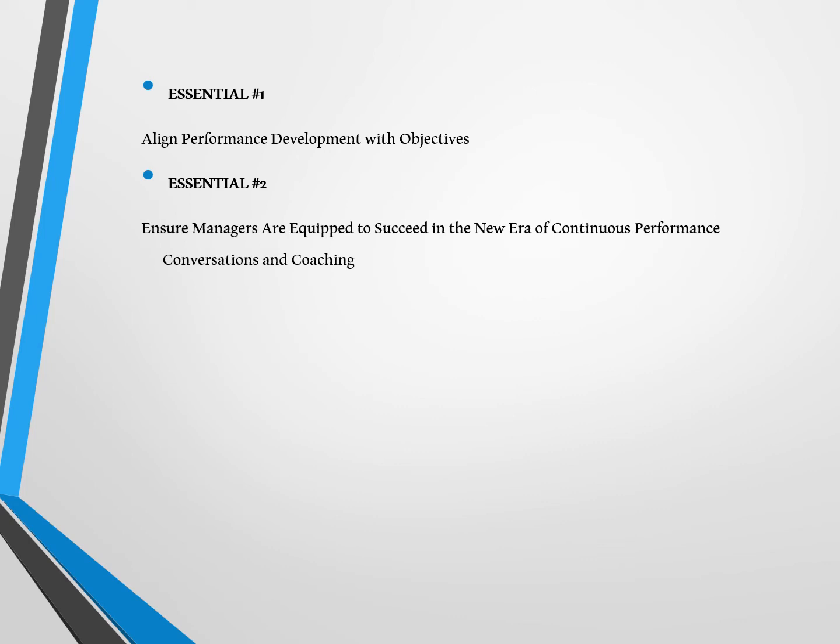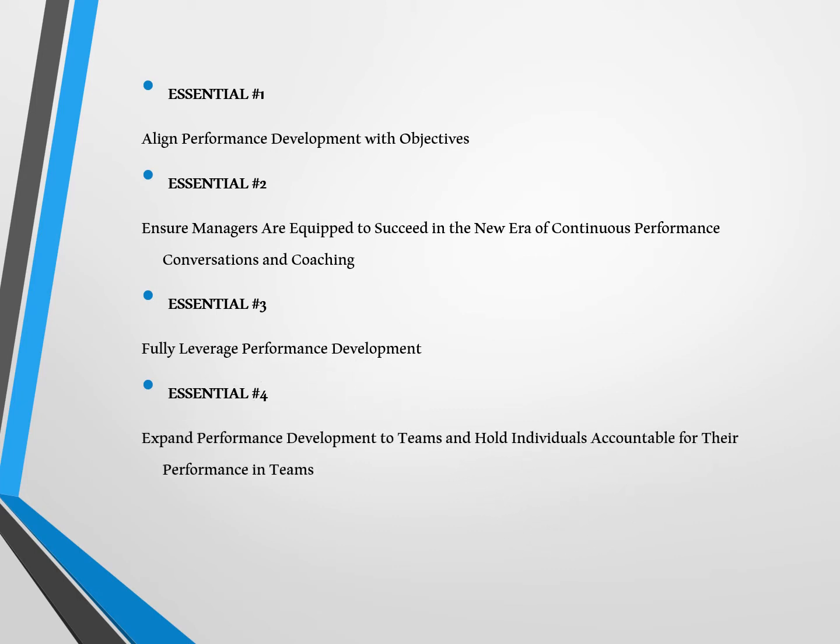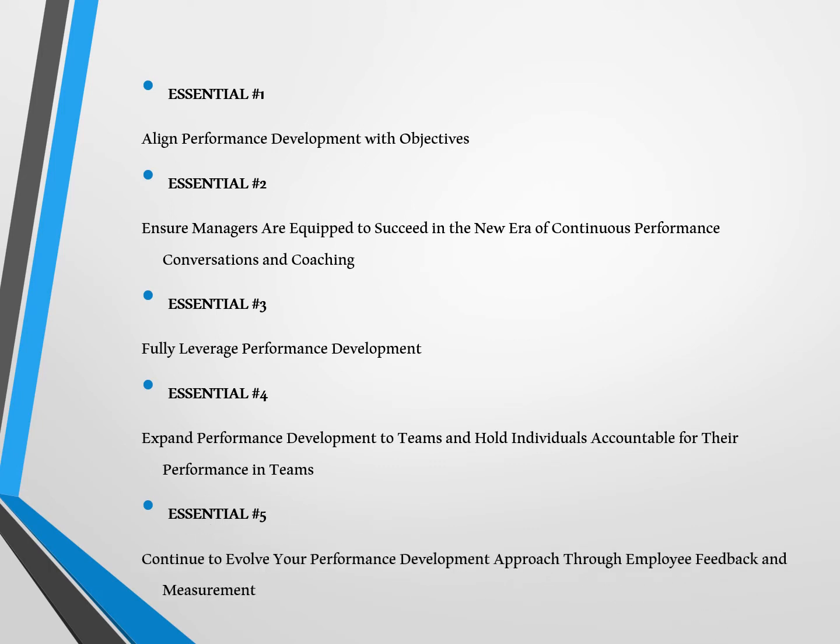Third, fully leverage performance development technology. Fourth would be expand performance development to teams and hold individuals accountable for their performance in teams. And fifth would be continue to evolve your performance development approach through employee feedback and measurement.